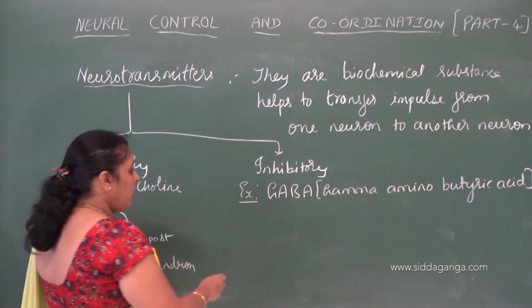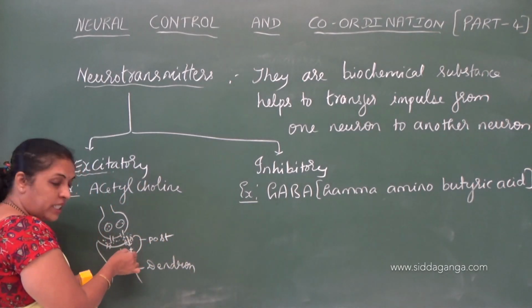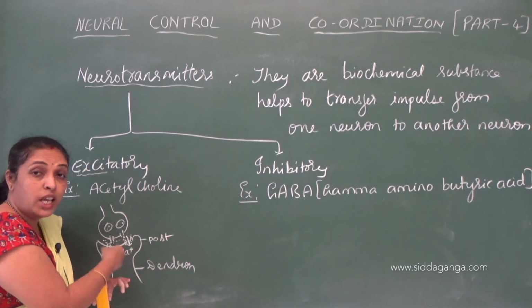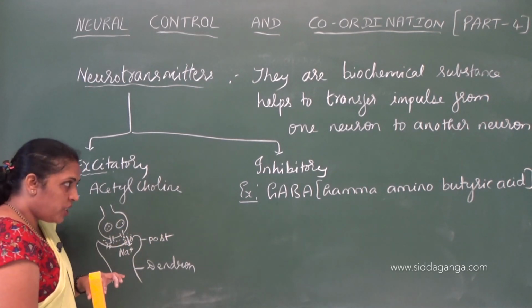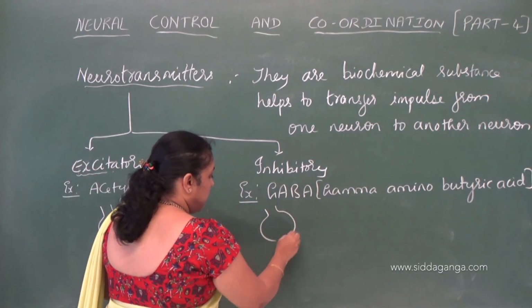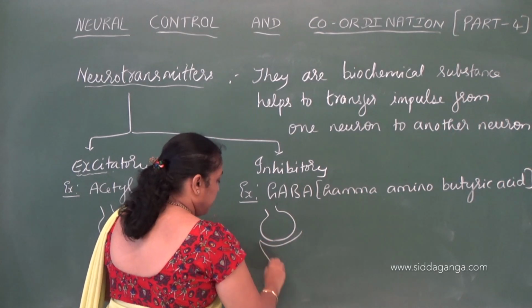So when sodium influx takes place, reversal of polarity happens, depolarization occurs, and action potential is generated. What happens in inhibitory? That is synaptic node.